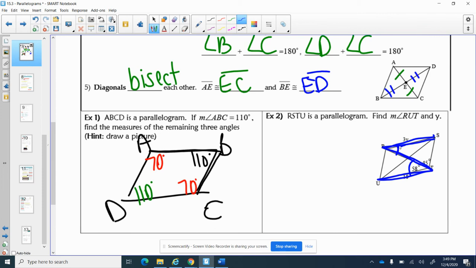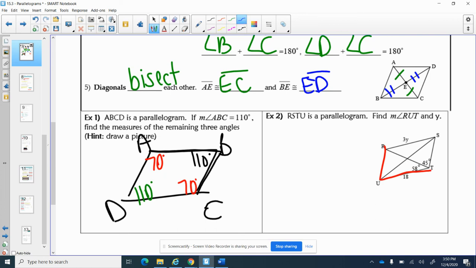If these were going to be parallel, this would have to also be 58 degrees, and same kind of idea over here. We know with this Z that these measurements are the same. So that's just something to bring up as well. Now, in this particular problem, we're not looking for those alternate interior angles. What we're looking for is angle RUT. That's this angle right here.